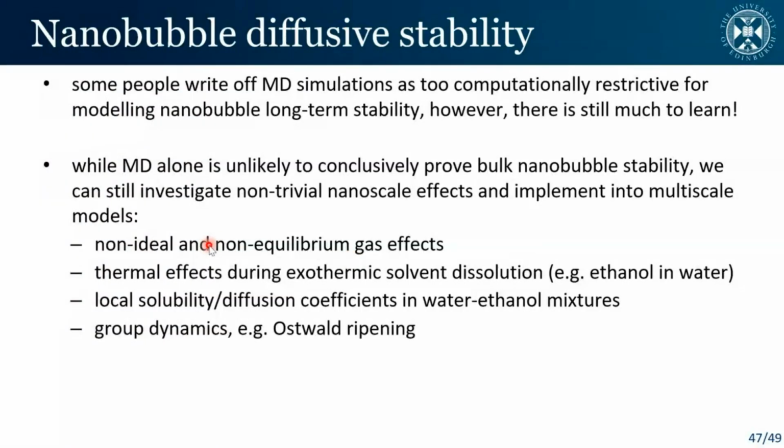And these effects might include non-ideal, non-equilibrium gas effects, as we have seen previously, thermal effects such as the exothermic dissolution of ethanol and water, local solubility and diffusion coefficients in water-ethanol mixtures, as well as the interaction of many bubbles together in this phenomenon you might have heard of as Ostwald ripening.